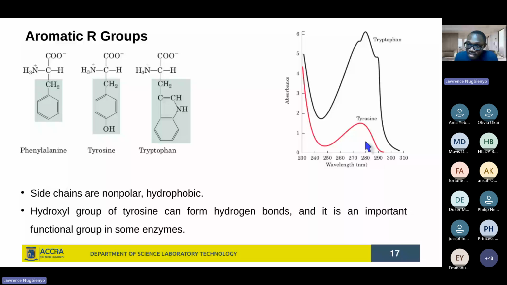Tryptophan gives a high peak there. Tyrosine also gives some peak, but much lower than tryptophan. So the amino acids responsible for the absorbance of light by proteins at 280 nanometers are tyrosine and tryptophan. To a minute extent, phenylalanine also gives some absorbance at the same 280 nanometers.